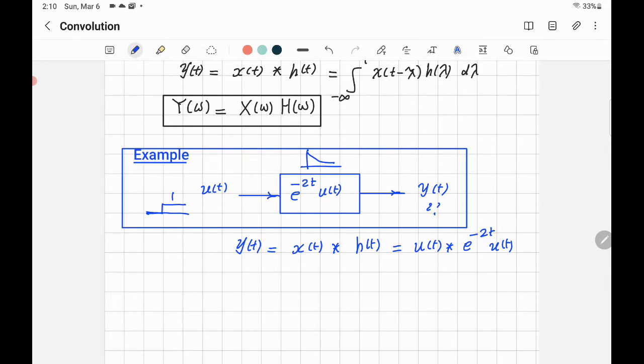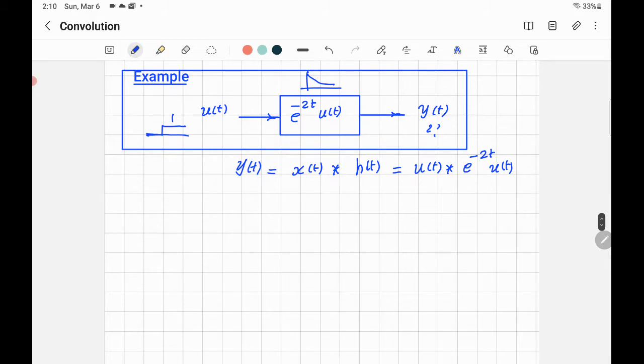According to Fourier transform, for convolved signals, we'll find first X of omega, which corresponds to the unit step. We'll go to the table and find that the unit step has the following transformation: pi delta of omega plus 1 over j omega. That's the unit step. Great.